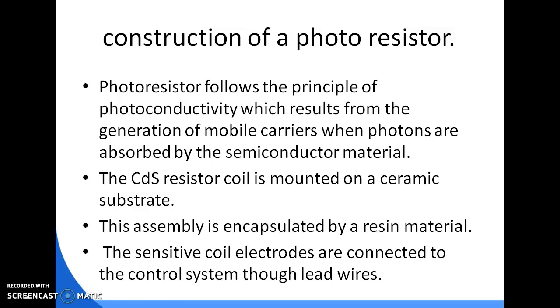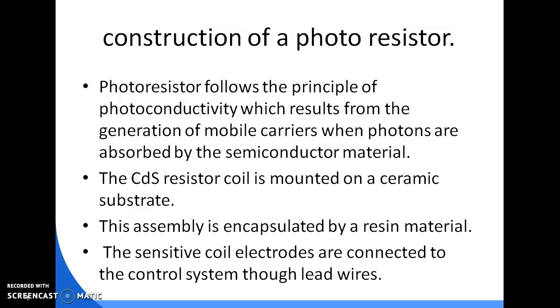Photoresistors follow the principle of photoconductivity, which results from the generation of mobile carriers when photons are absorbed by the semiconductor materials. The CdS resistor coil is mounted on a ceramic substrate.